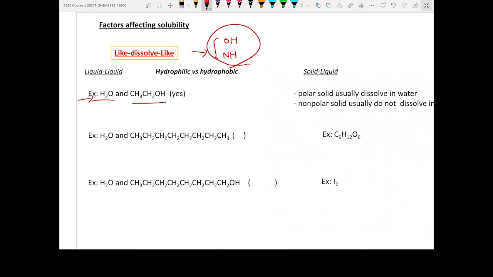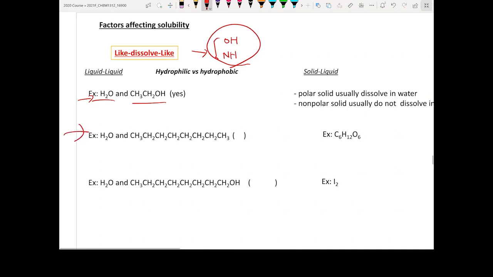Hydrophilic means loving water. Phobic means hating water. Since both molecules have this OH, they are all hydrophilic molecules. They are alike, so based on our concept of like dissolves like, would these two molecules dissolve with each other? The answer is yes.